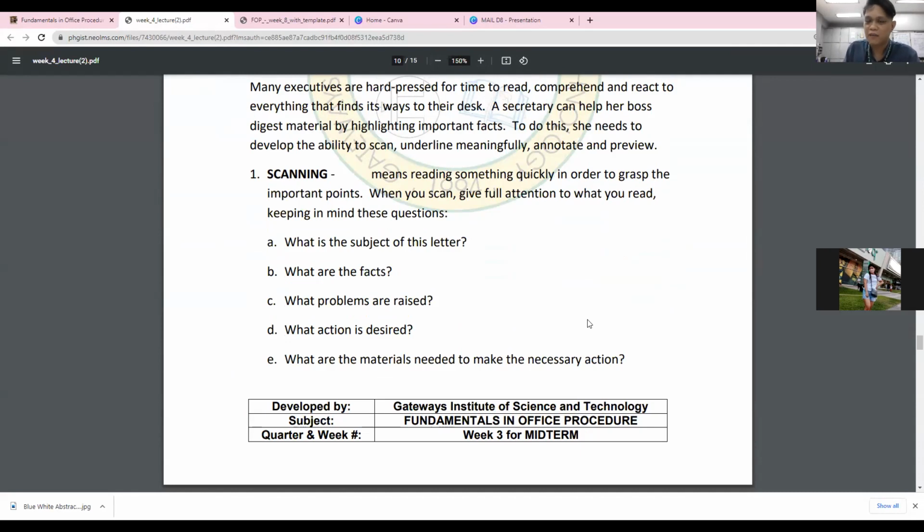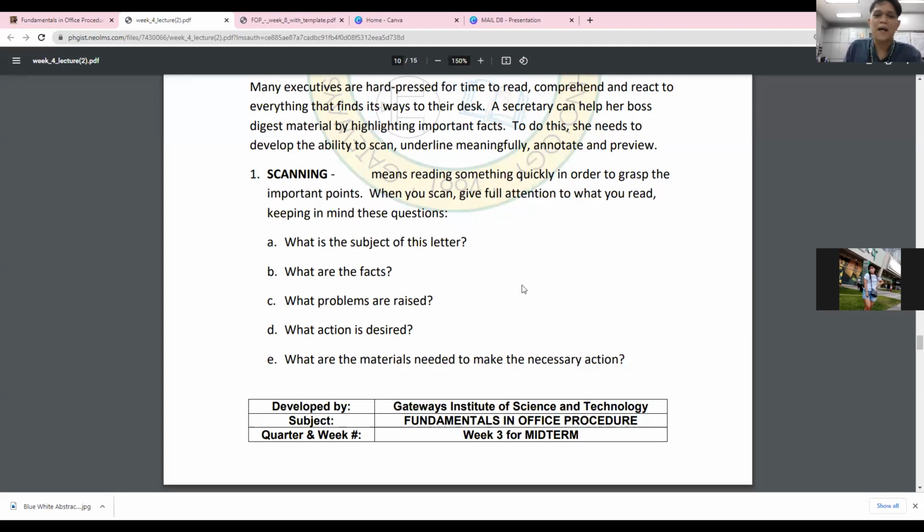So i-note mo that this letter is for a specific person or department. What are the facts? What is the intention of the letter? It is informing the manager, informing the company, or it's just a letter of their personal accounts.